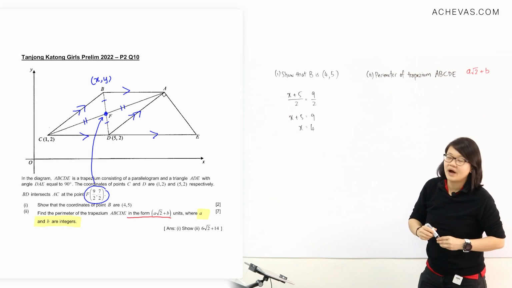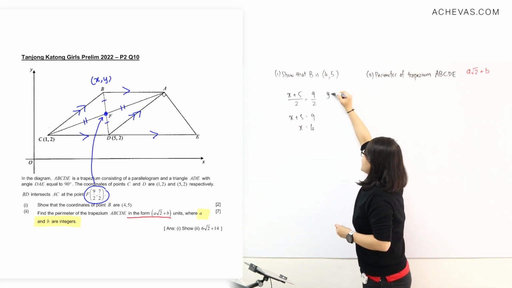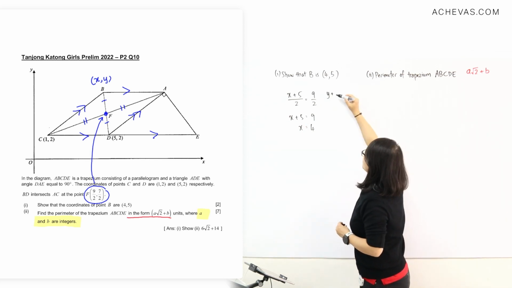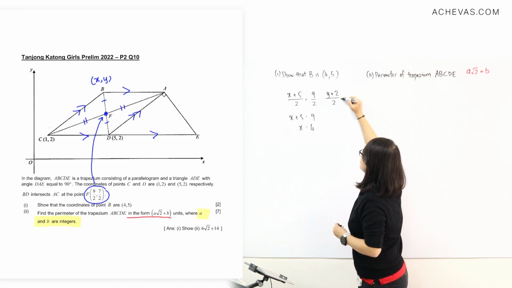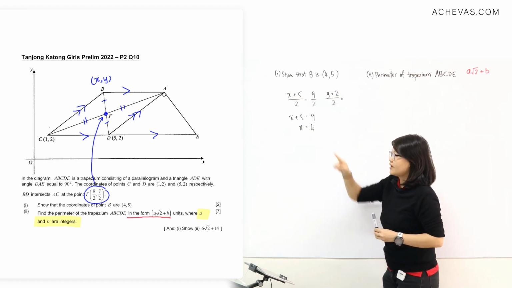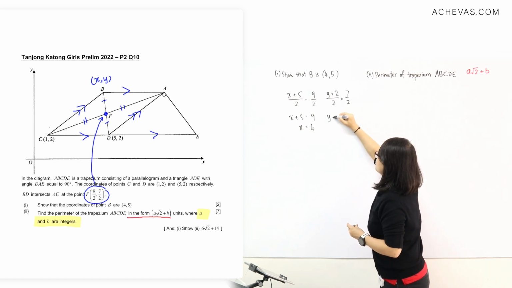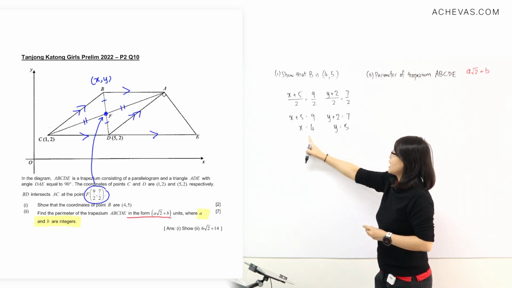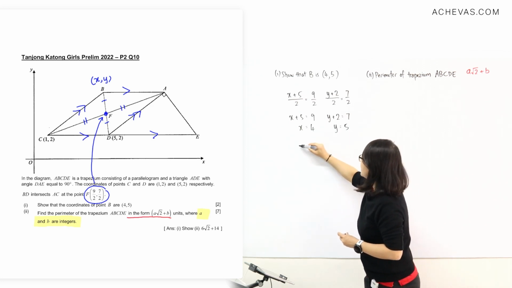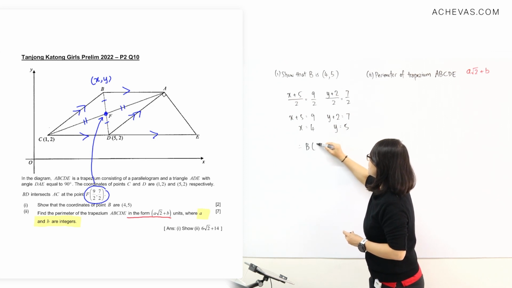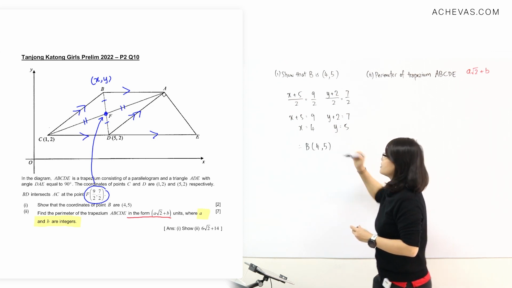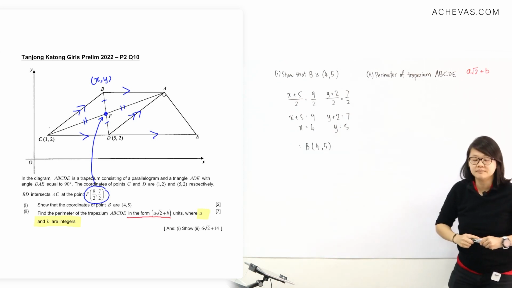Let's do it again with the y coordinate. (y plus 2) divided by 2 must equal the y coordinate of F, which is 7 over 2. Multiply by 2 on both sides, y plus 2 equals 7. y must be 5. So we have the x coordinate and y coordinate of B. Let's just put them together. B must be (4, 5). That's part 1 of our question.